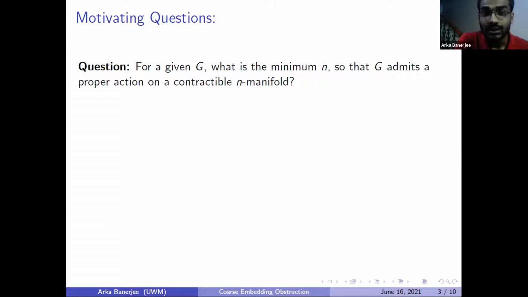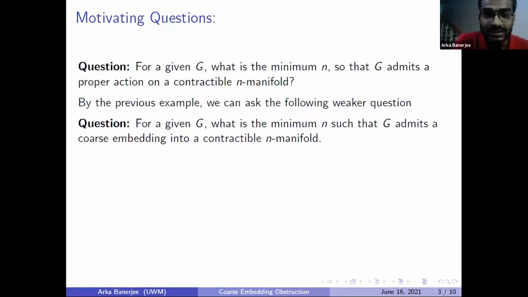By the previous example, we know that in order for G to act properly on a space, it has to coarsely embed. So it's natural to ask a weaker question: for a given group G, what is the minimum dimension of a contractible n-manifold into which you can coarsely embed your group?